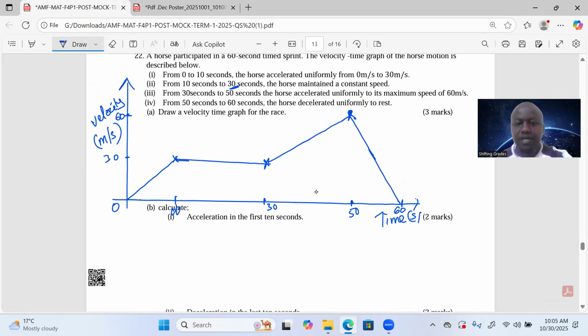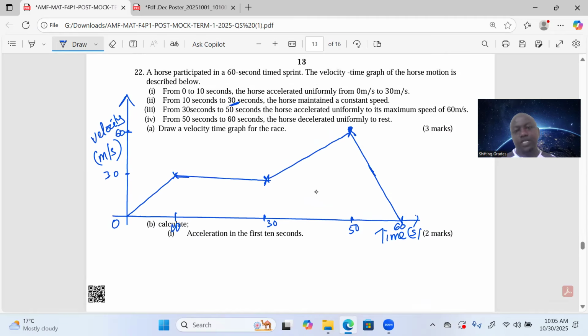So this is a sketch of what is happening with this particular horse participating in a sprint race. You sketch the motion like that.